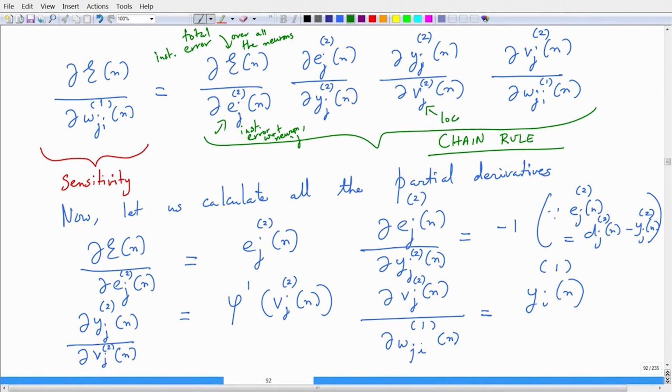So, this is the local reception field and this is the function signal, just to recall.